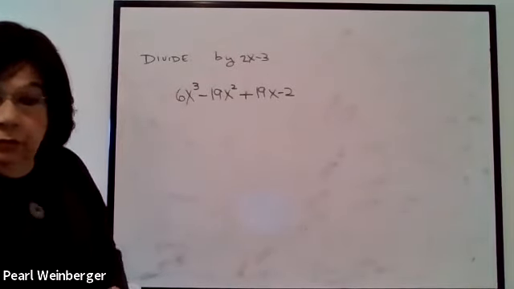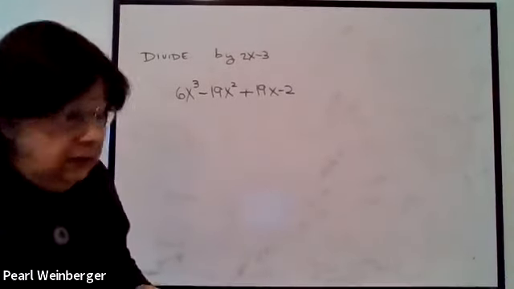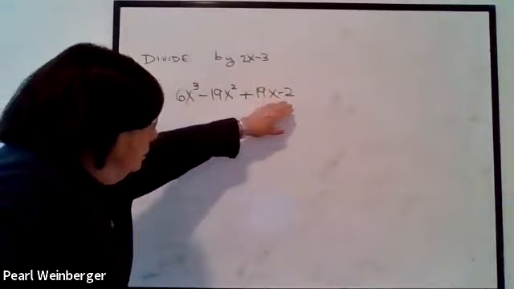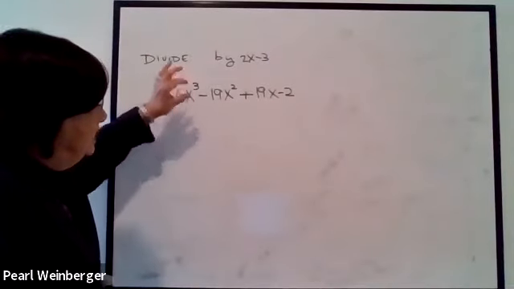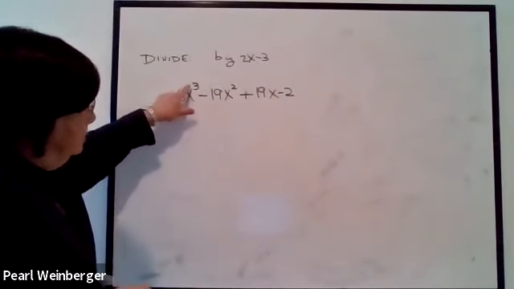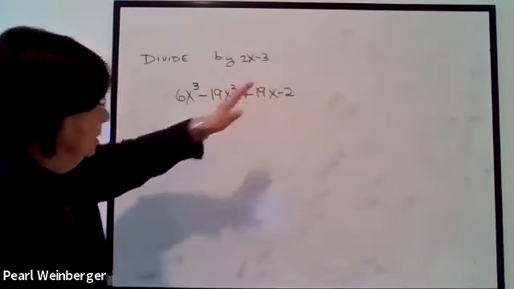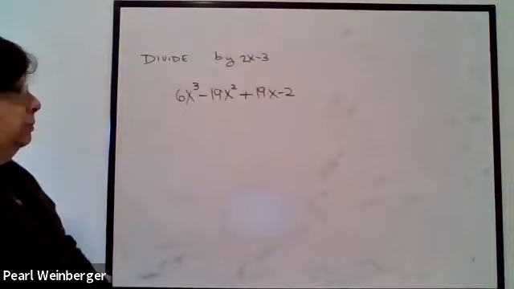What we have to make sure is that all the terms are in what we call descending order. The highest power first, then the next highest power, and then the next highest power. The end should be just a plain number.